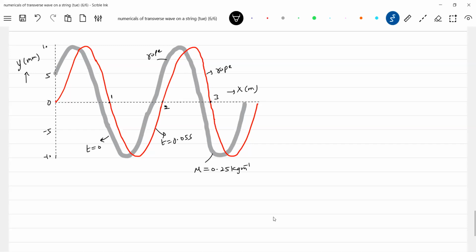So what all is asked? First, we have to calculate the speed of the wave, frequency of the wave, maximum speed of the particle, tension in the string, and wave equation.